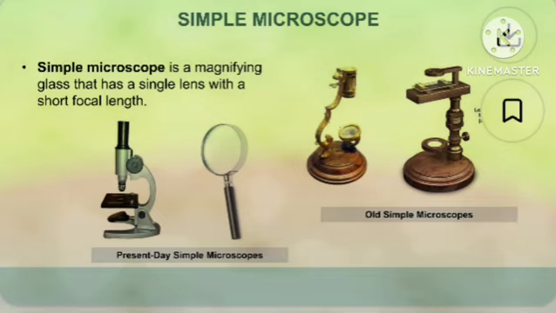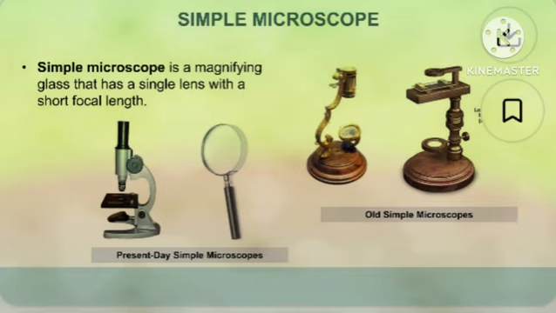They are highly accessible and commonly found in schools, colleges and clinical laboratories. You see that picture. The usefulness of any microscope is that it produces better resolution than the eye.